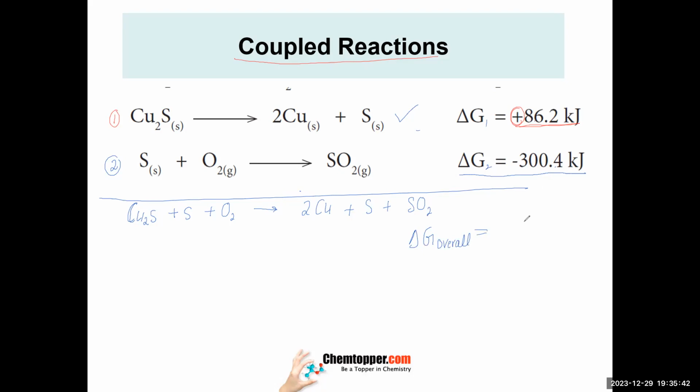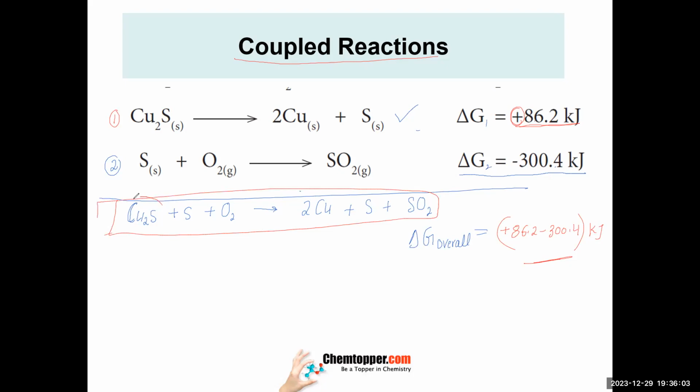Plus 86.2 minus 300.4. And this answer is negative. So it means this reaction is spontaneous.